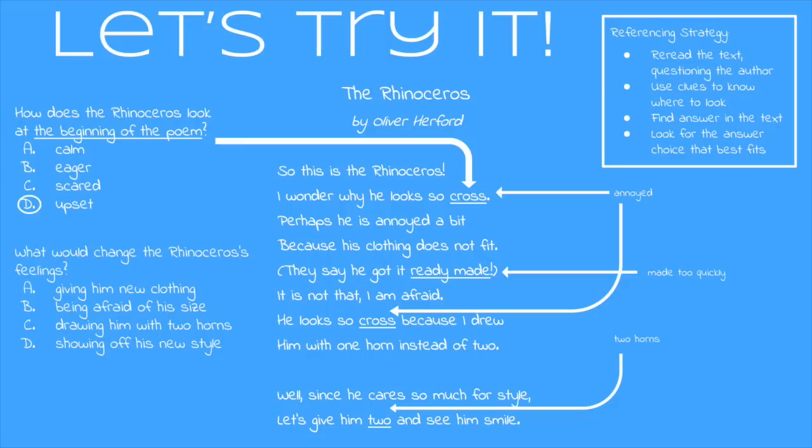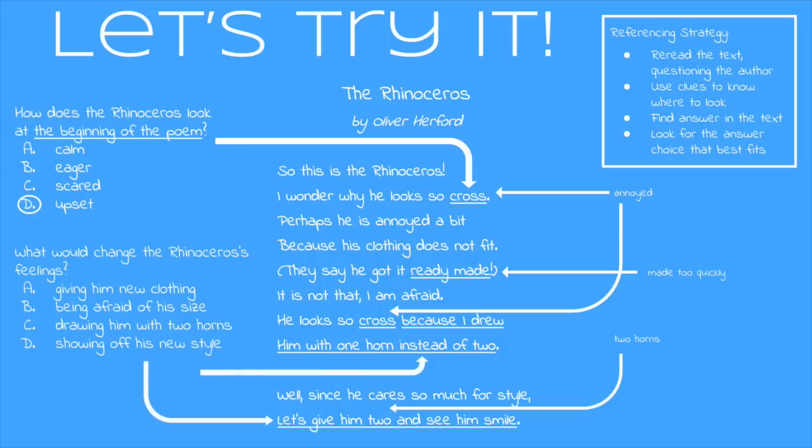What would change the rhinoceros's feelings? Does this question have a clue that tells me where to look? Unfortunately, it doesn't. So I have to figure this out on my own. But I remember where it talks about why the rhinoceros feels so annoyed. It says down at the bottom, he looks so annoyed because I drew him with 1 horn instead of 2.